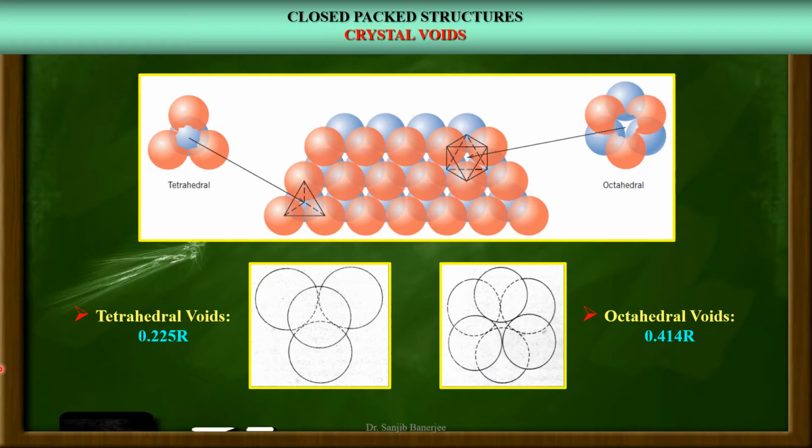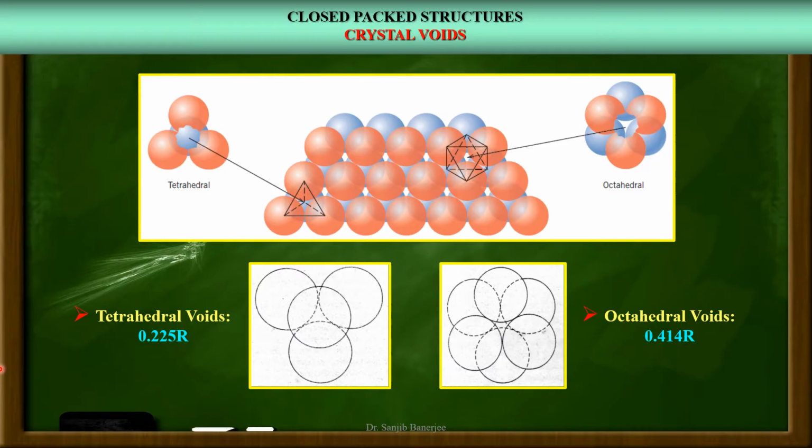Next we study about the crystal voids. In some earlier sections, we have come across the atomic packing factor or APF, which is the fractional volume of the unit cell which is actually occupied by the atoms.